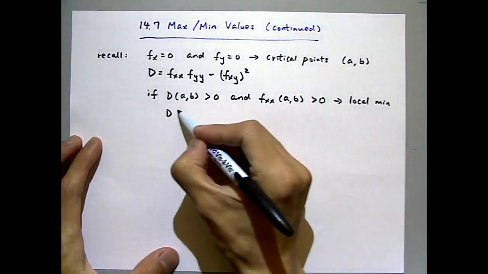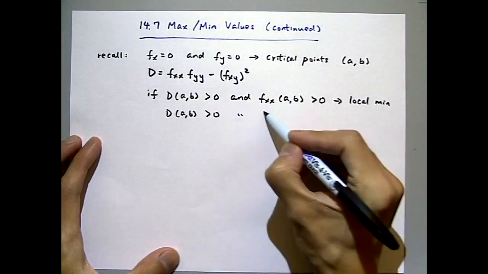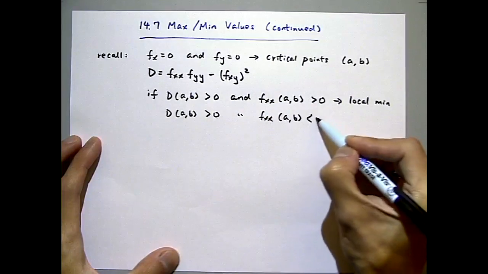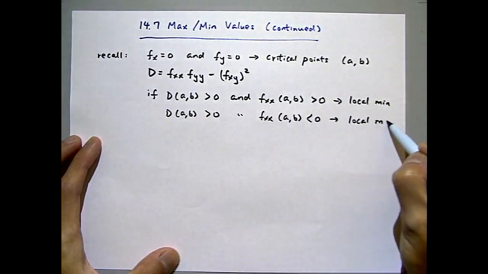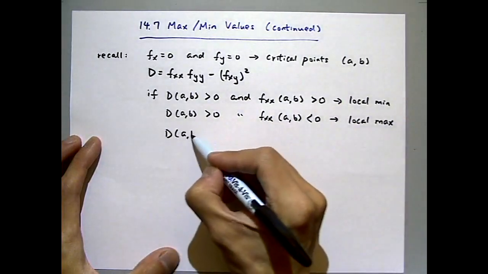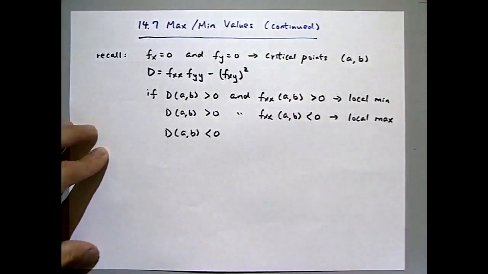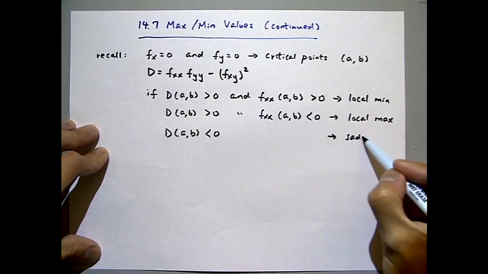If D is positive and f double x is negative, then we have a local maximum. And if D is negative, then regardless of what f double x is doing, we have a saddle point.